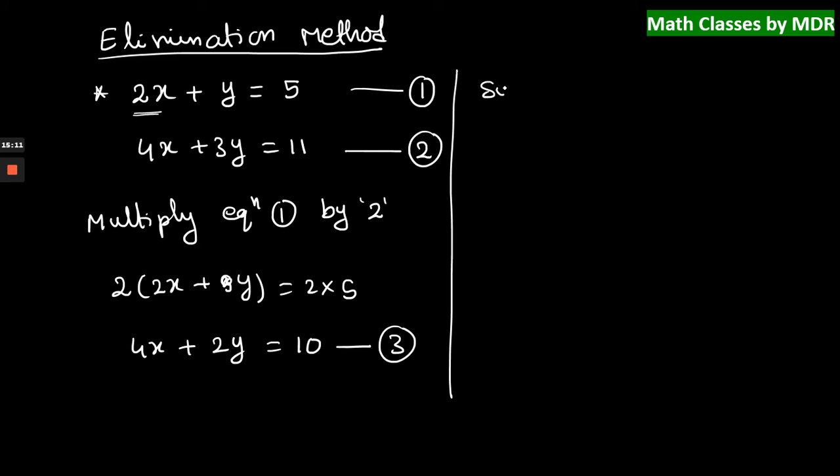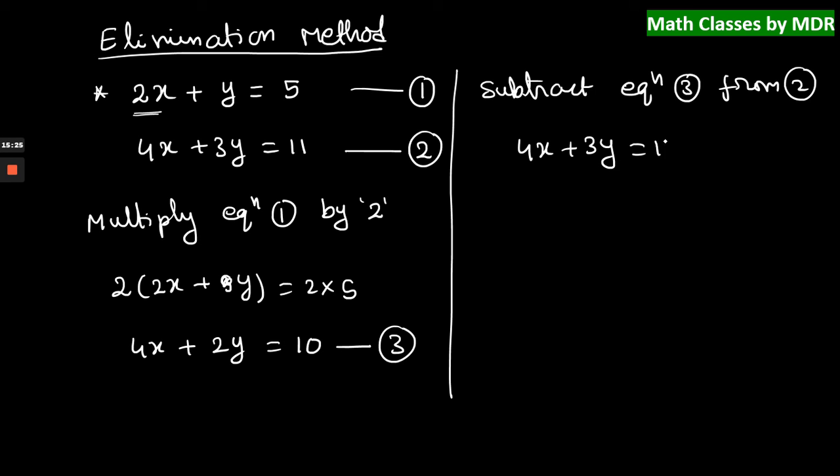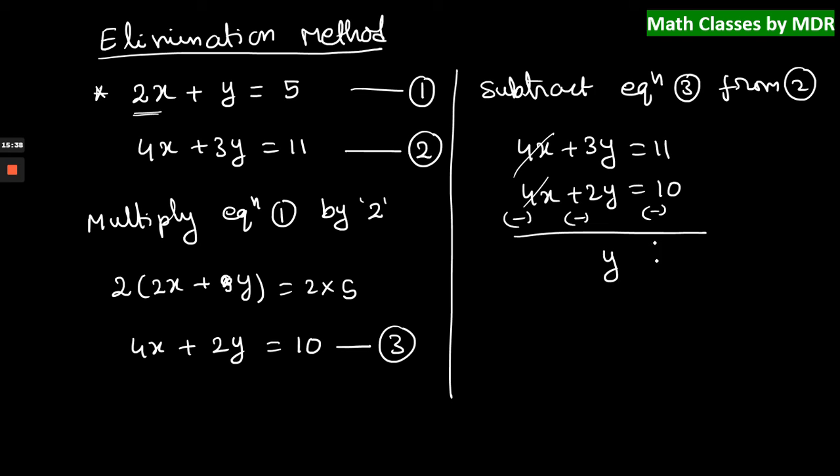So let us subtract equation 3 from equation 2. 4x plus 3y is equal to 11, 4x plus 2y is equal to 10. So here it is minus, minus, minus. 4x minus 4x is 0, 3y minus 2y is y, 11 minus 10 is 1. So the answer is y is equal to 1.